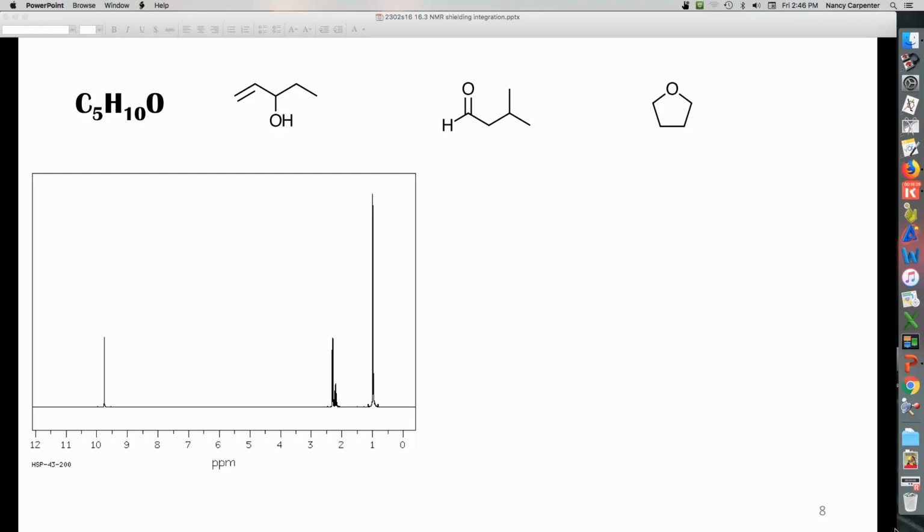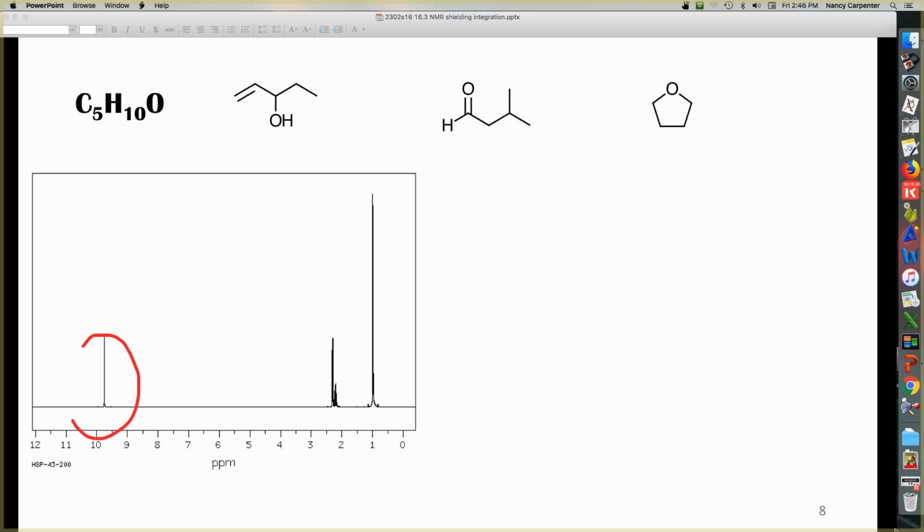So what I can see here in this one is, well, none of these are aromatic anyway, so that doesn't help me. But I do have a signal that is really far downfield. In fact, it's around 9, almost to 10. And if you'll remember in the previous previous example, I said something about aldehydes.